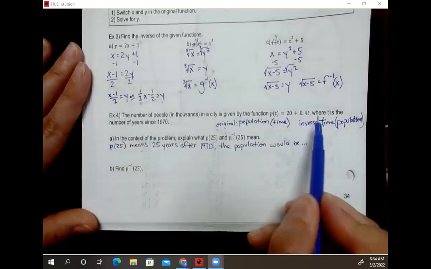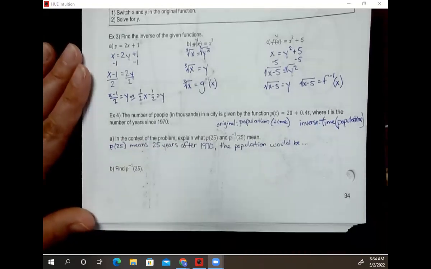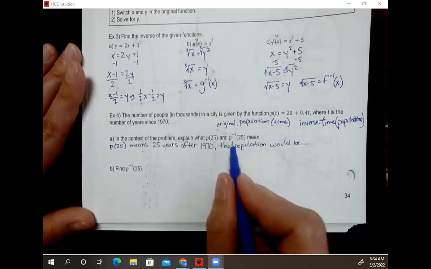We could plug in 25 here and find that out, but we're just interpreting what this p of 25 means.